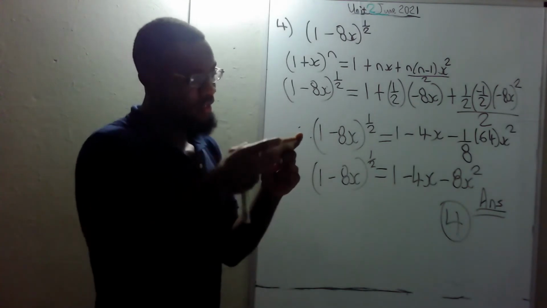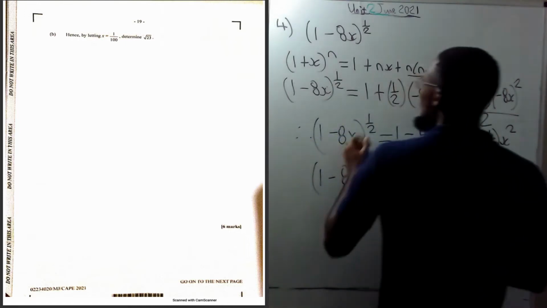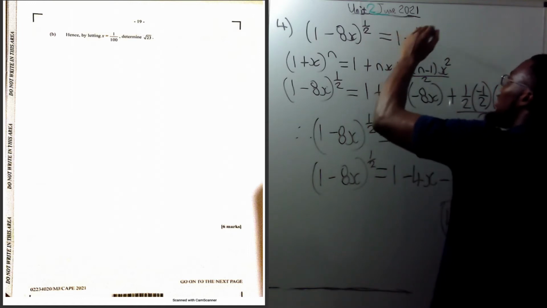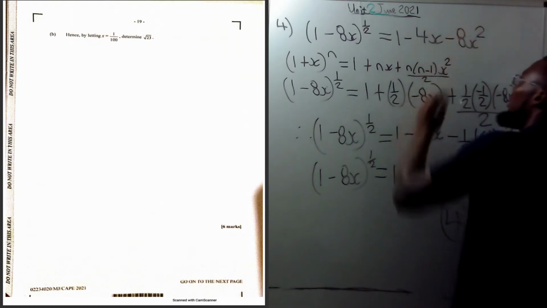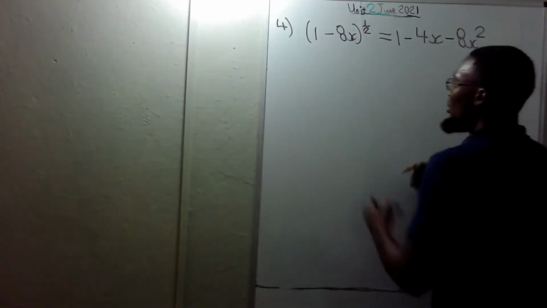The next part of the question says, by letting x equal 1 over 100, determine the square root of 23. Remember, we just found that this is 1 minus 4x minus 8x squared, and it says put x as 1 over 100.